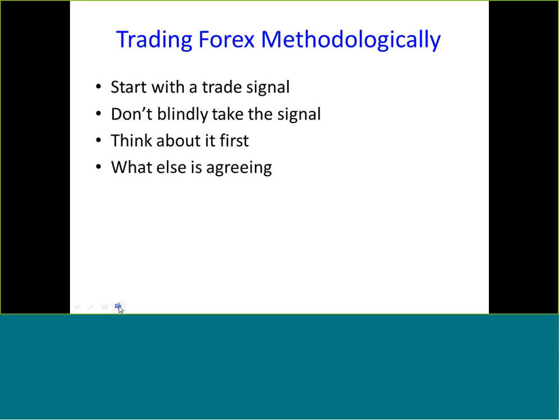We look at which currency pair we're getting a trade signal in, and we see what the currencies that make up that currency pair are doing, what the exchange rates of those same currencies are doing in other exchange rate pairs. So, for example, if we're thinking of buying the pound dollar, we're going to see how euro dollar is doing, how Aussie dollar is doing, how New Zealand dollar is doing, how dollar Swiss is doing.